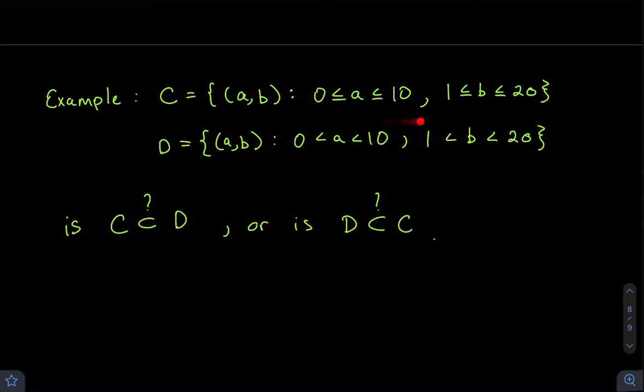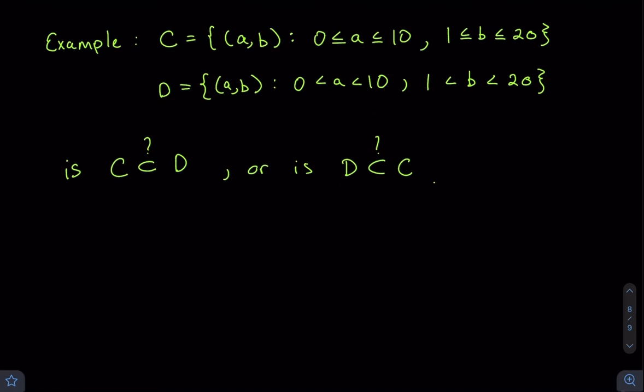So there are actually points in set C that are not points in set D. Specifically, those points are all the points where A equals 0 and we can have any value of B. So this point where 0 is represented by A is not going to be an element of set D. So is the point where A equals 10 and we have any value of B. This point is also not in D. Two more points that are not in D will be the points where we have any value of A and B equals 1.